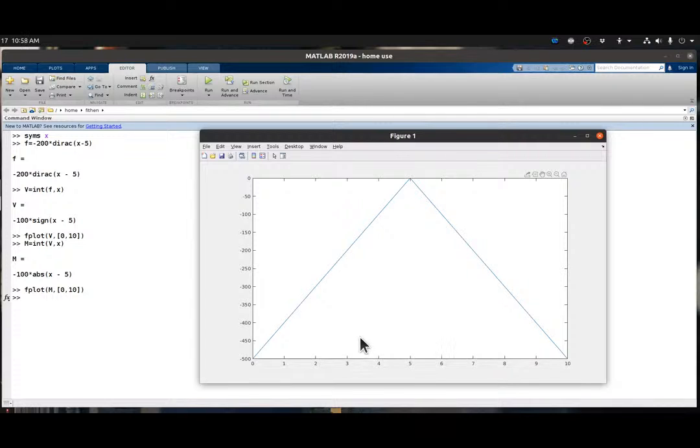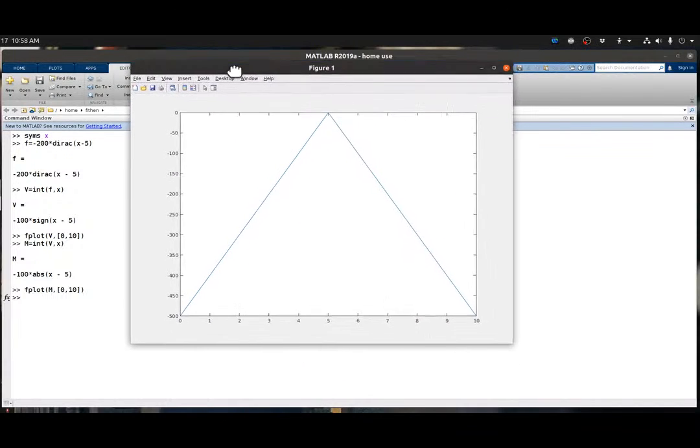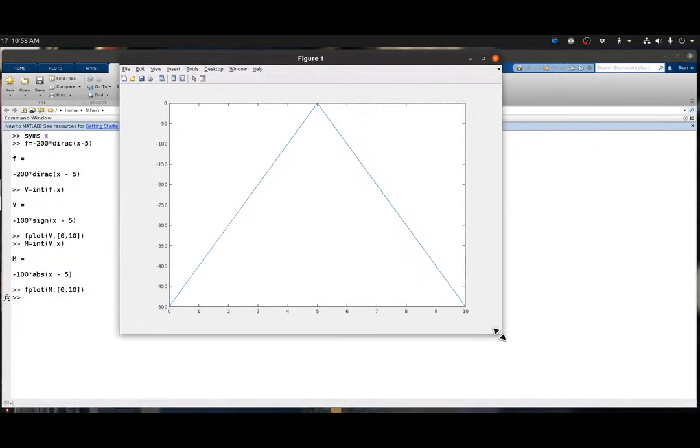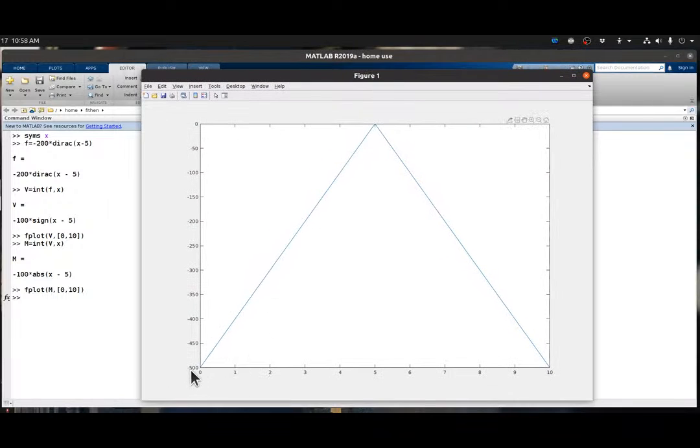Now, I'm going to come back over here to the screen and take a look at this. Now, look at this real close. This is a part where we're going to bounce back and forth a couple times. The screen, as I see it, shows a negative 500 at 0 and a negative 500 at 10.